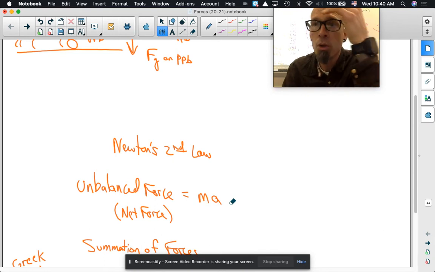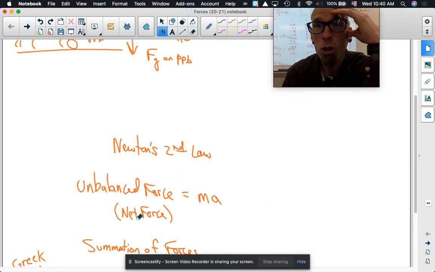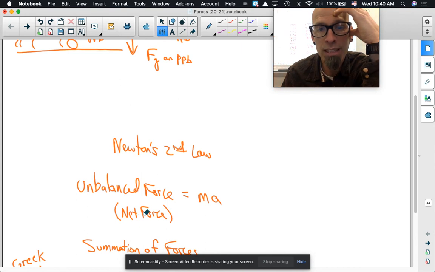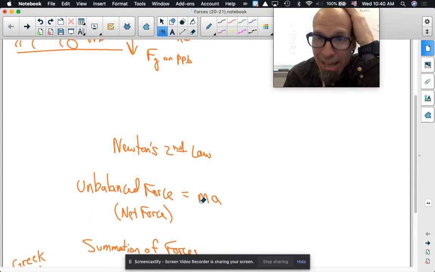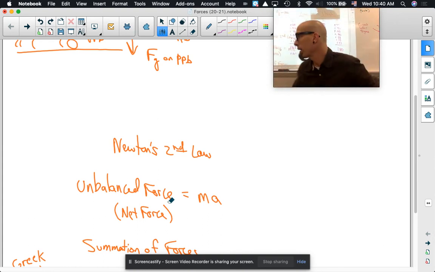Another name for unbalanced force is net force, because it's the net result of all of the forces acting on an object. Net force equals mass times acceleration. Now, if you think about this, and actually I can write it like this.